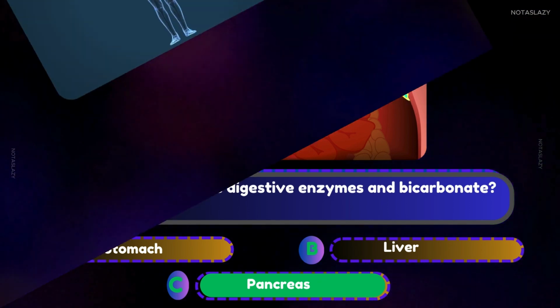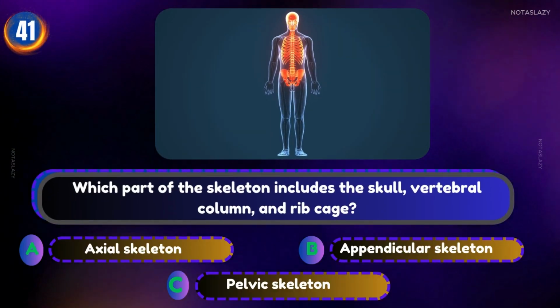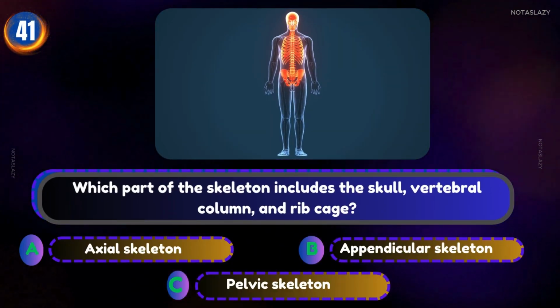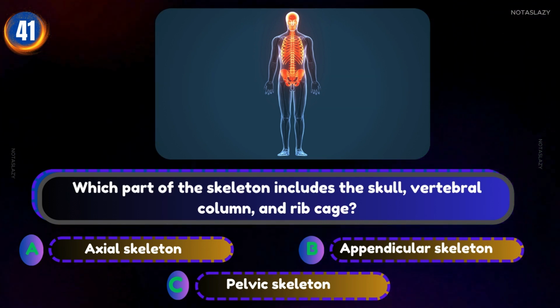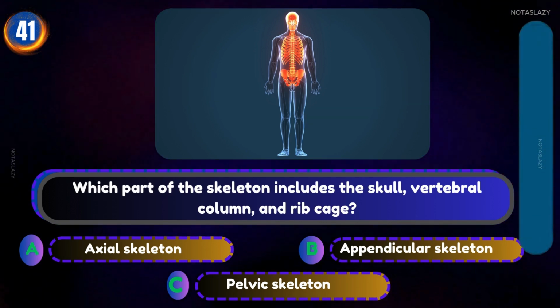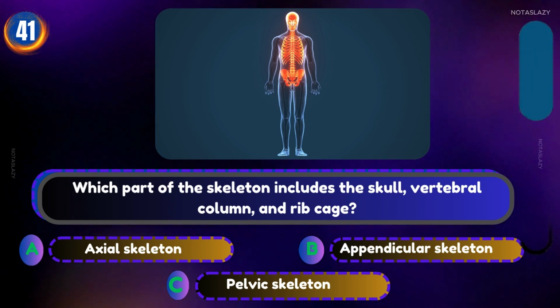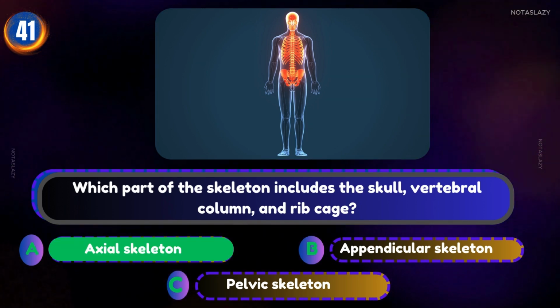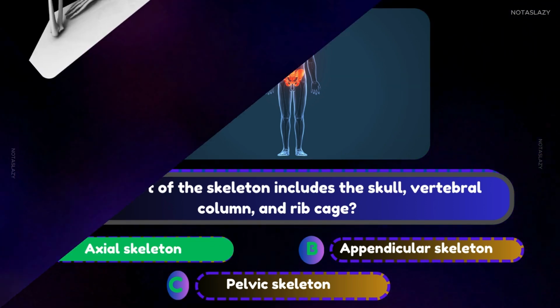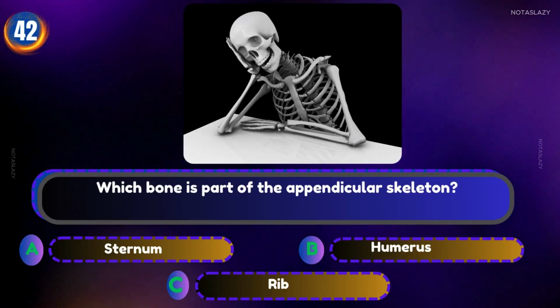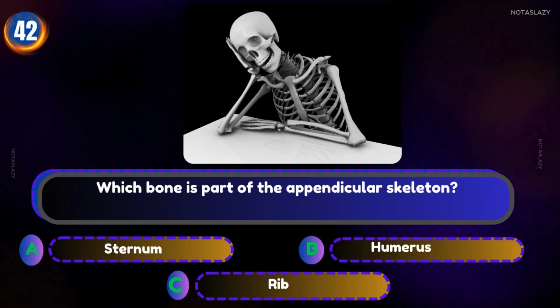Pancreas. Which part of the skeleton includes the skull, vertebral column, and rib cage? Axial skeleton. Which bone is part of the appendicular skeleton?